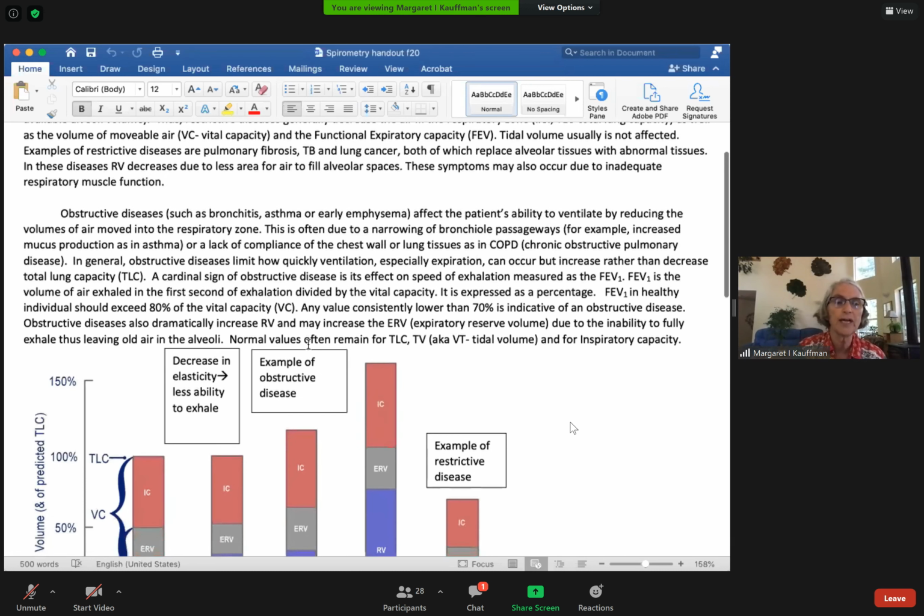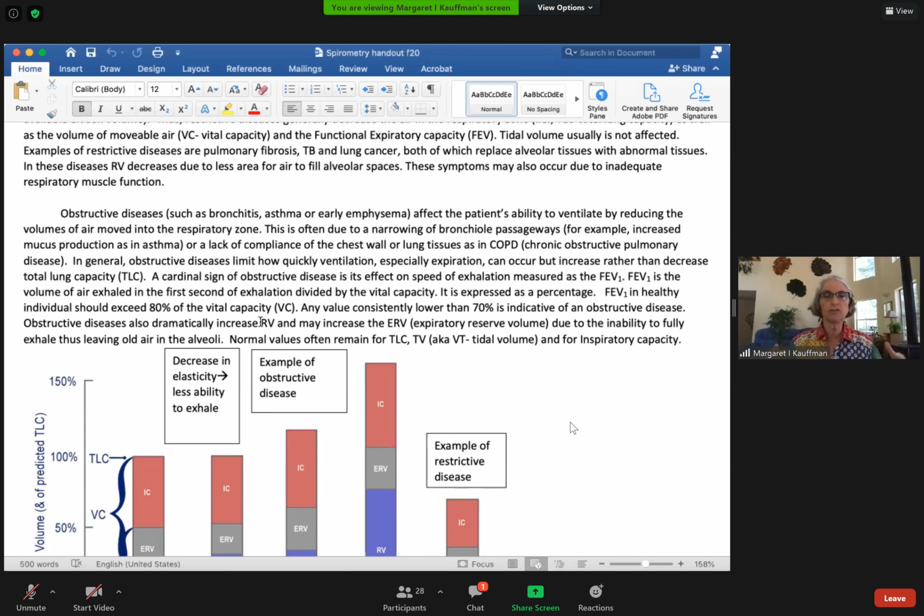Okay, so what happens in these patients is often they start using accessory muscles in order to try and get the air to move, but air remains in their lungs. And as I mentioned before, with early emphysema, you see this in our slide where the alveoli have not rebounded. In using all these accessory muscles, they also tend to get barrel chests, where their lungs aren't rebounding back.